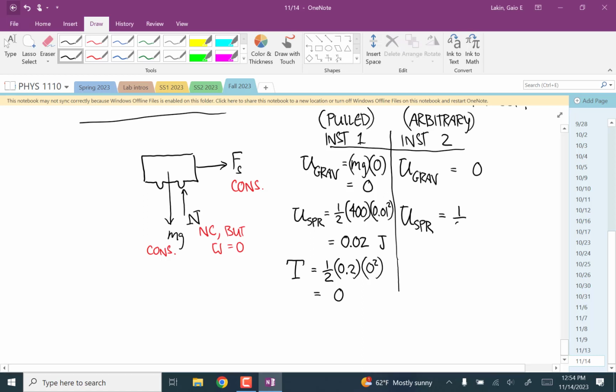But so we have 1/2 times 400 times x squared, or in other words, 200x squared. And then last is the kinetic energy. That's 1/2 times the mass times the speed squared. That's what we're trying to find. So I'll just leave that as v.